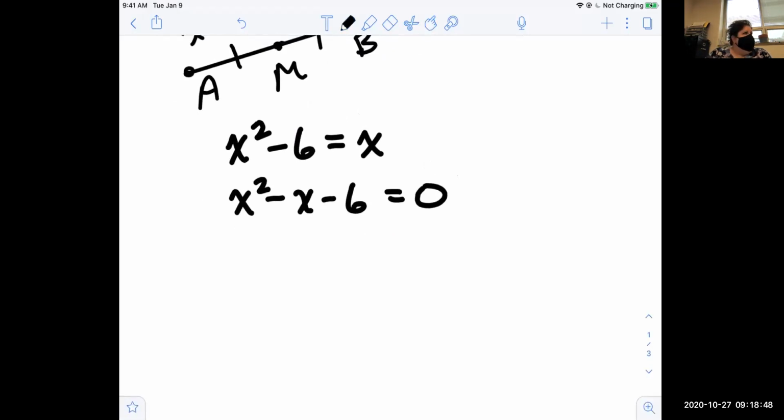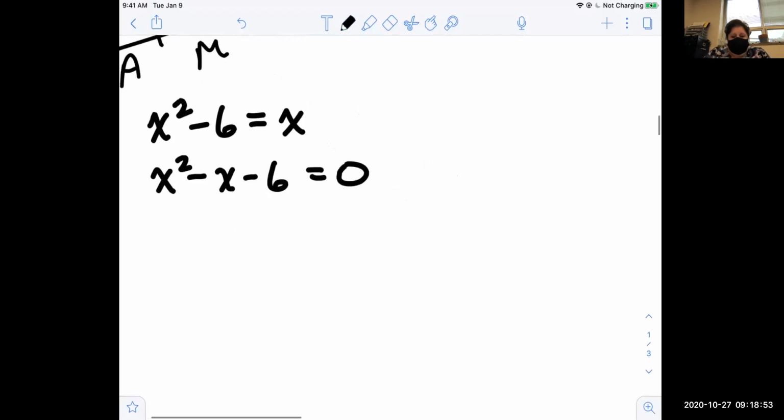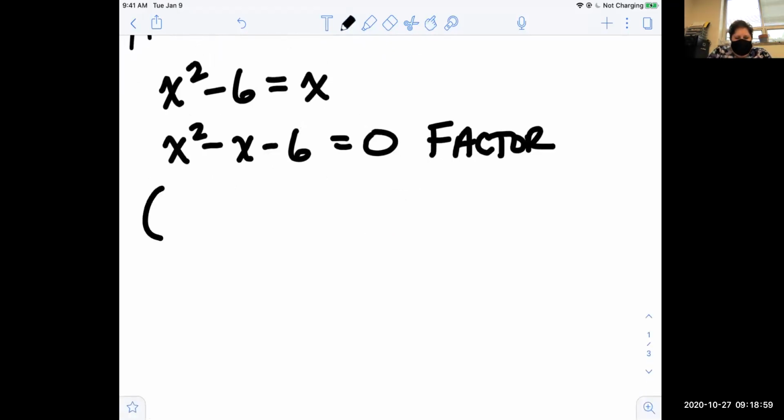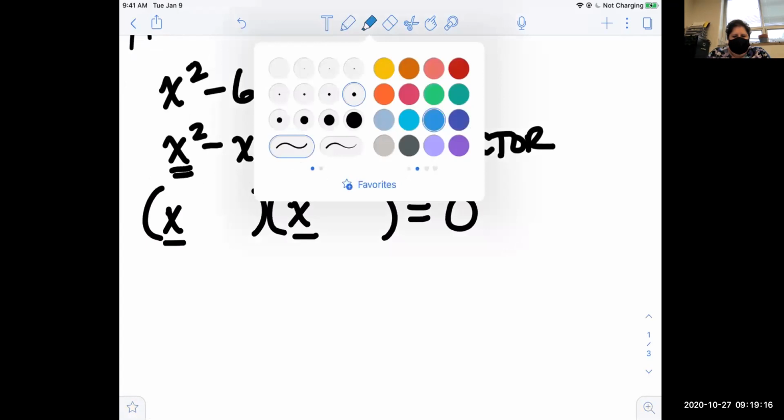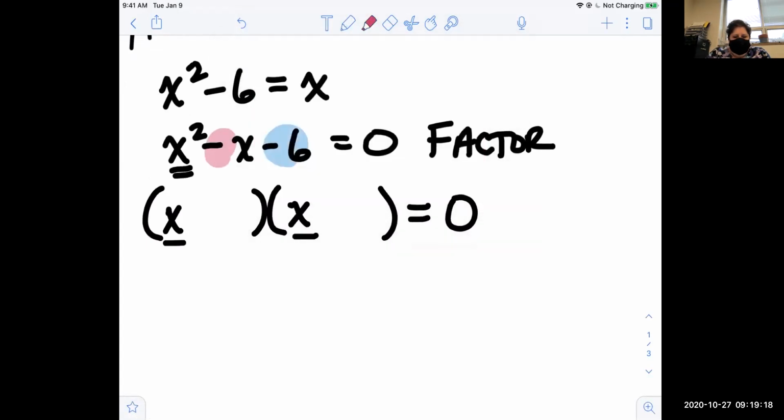Okay, so quadratic formula would work, but that's longer because this one is factorable. So when you're factoring, you're trying to break that up into 2 sets of parentheses. Okay, and you're looking for 2 numbers that are going to, let me do this first. To get x squared, in the first slot here, we'd have x times x. That'll give us x squared. Then we're looking for 2 numbers that will multiply to -6 and that will add to -1.